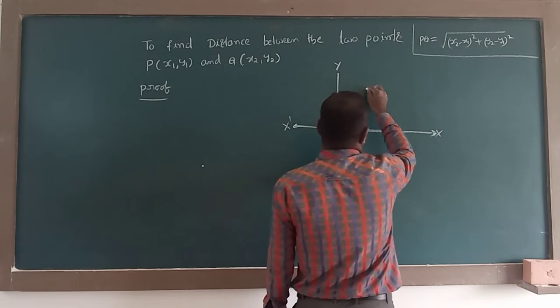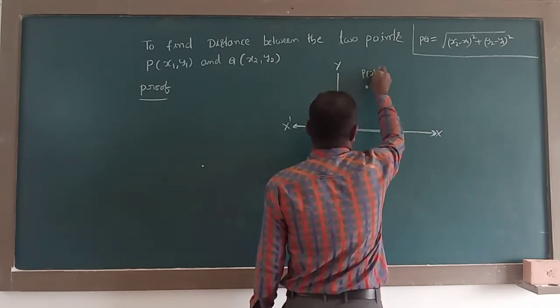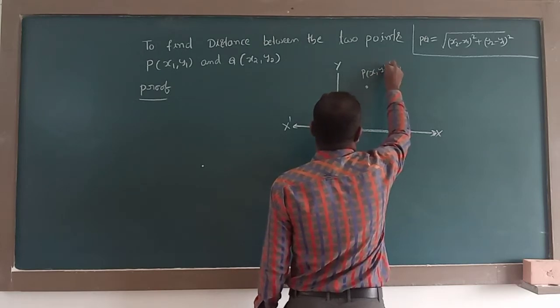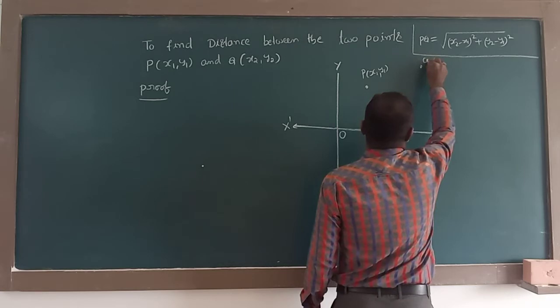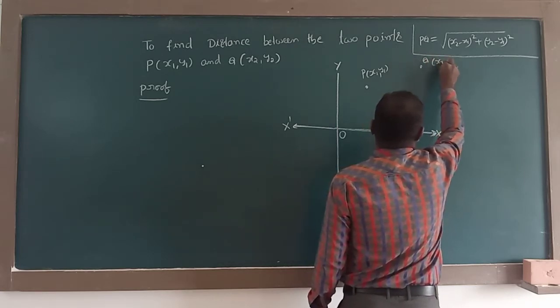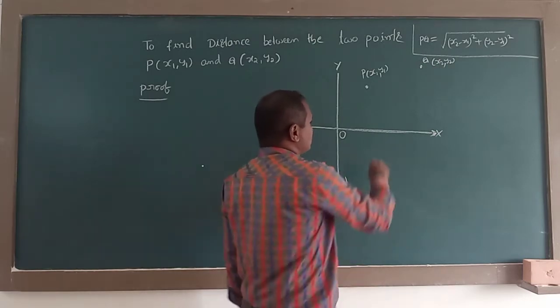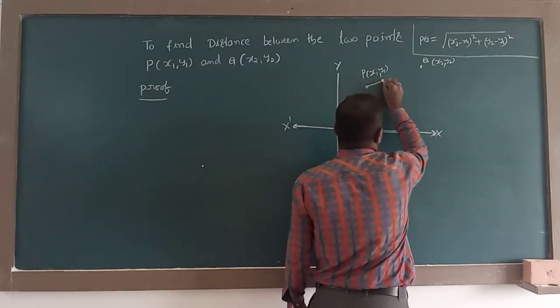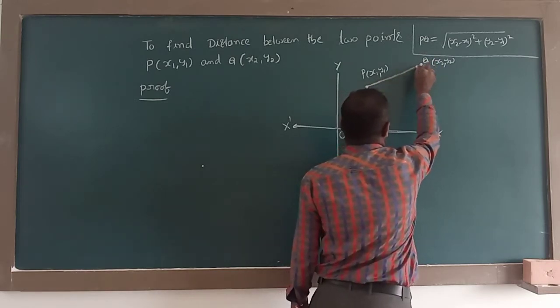Here take one line segment. Here P is (x1, y1), and here Q is (x2, y2). Just join the line segment P and Q here.